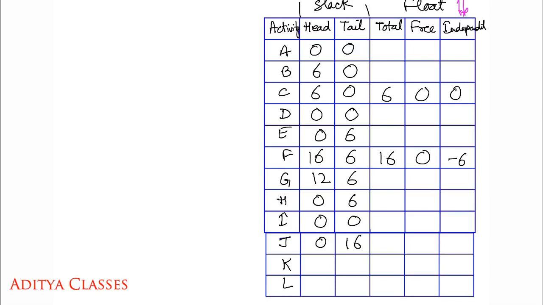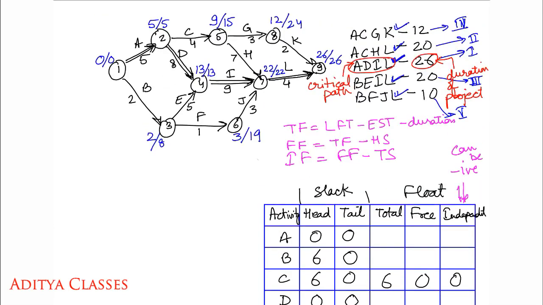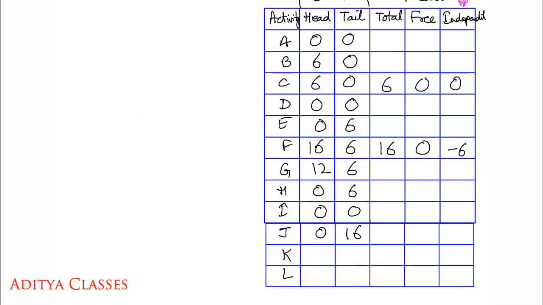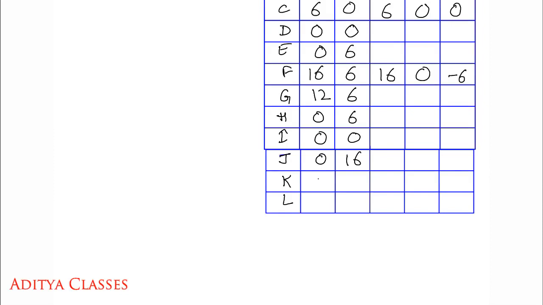What about K? For K we get 26, 26. No head slack available for K, but there is a huge tail slack of 24 minus 12, 12. So no head slack, but still there is some tail slack of 12 for K.